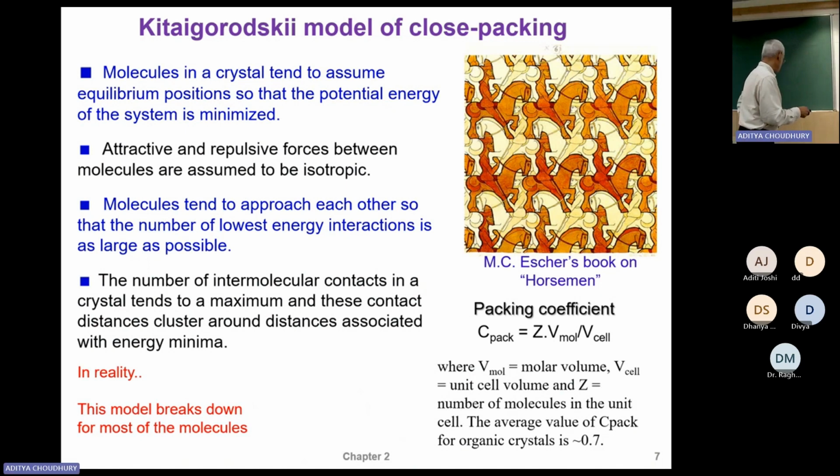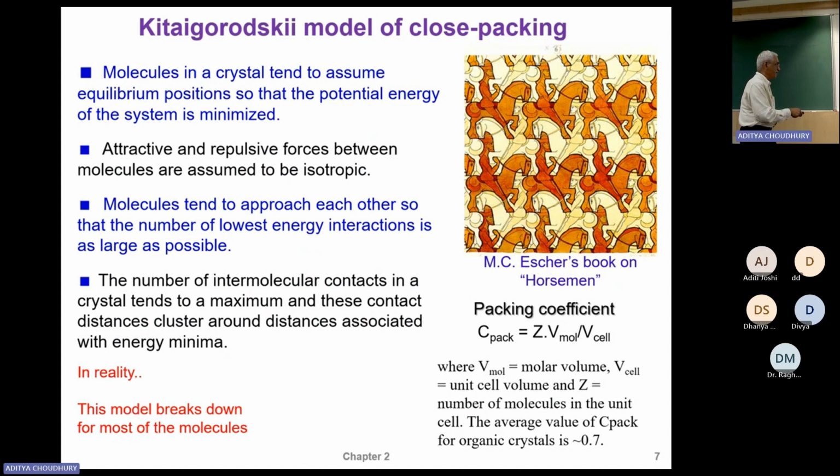Usually you see them on the internet and other places, and see how they try to pack it. These white horses are in one direction, red horses are in the other direction, nicely packed. The packing efficiency is 1, which is not possible in reality. That's why the packing efficiency you can very easily calculate here.